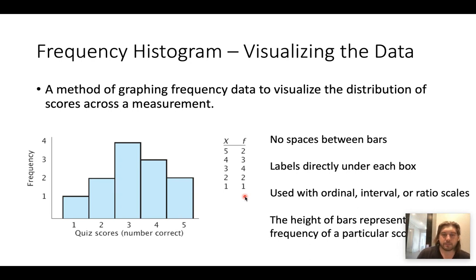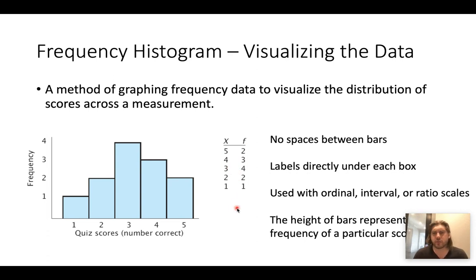So we have here our scores. You'll often see that denoted as our X's, the possible scores. You could score a 5, a 4, a 3, a 2, a 1. You have our F's, the frequencies of those scores. So 2 people scored a 5, 3 people scored a 4, 4 people scored a 3, and so forth.